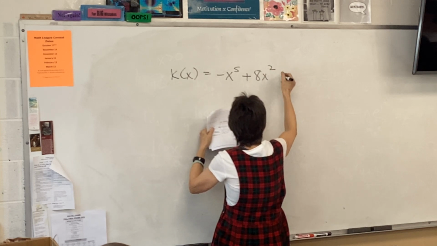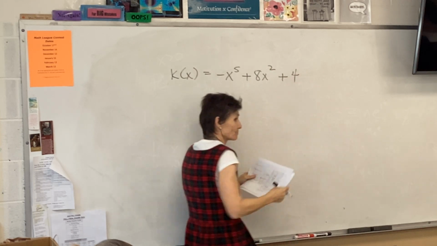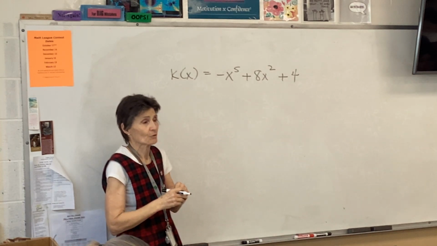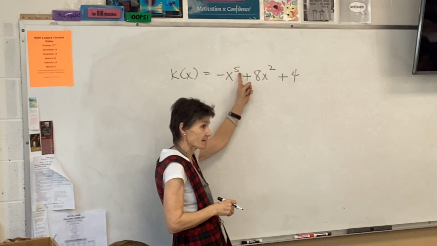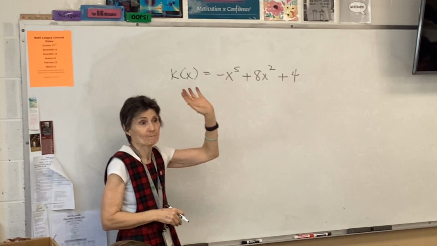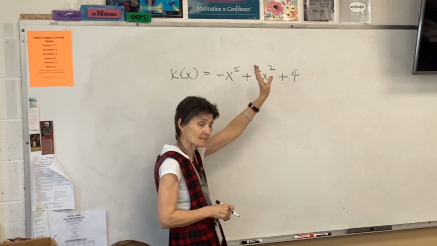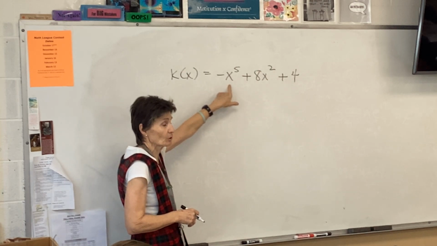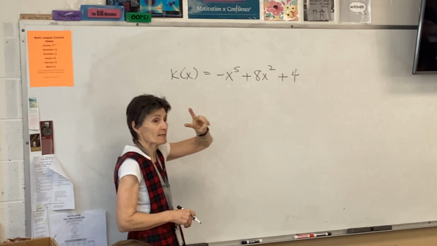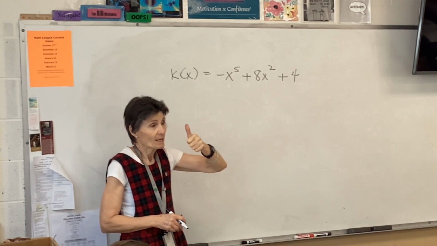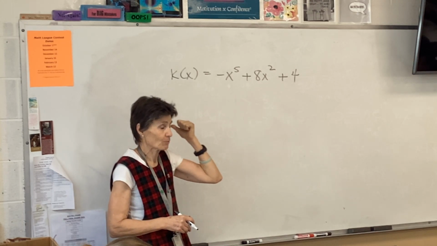And in polynomial land, the term with the biggest degree, that is the highest exponent, has all the power. That's where the power is in the problem. We don't really care about any of the rest of that stuff. This is what we have to look at. So I noticed two things about it. First of all, it's odd. 5 is odd. And second of all, there's a negative out in front.